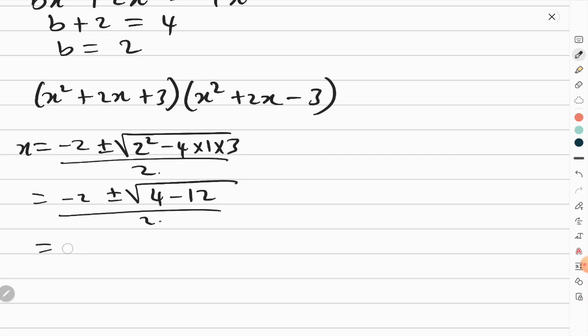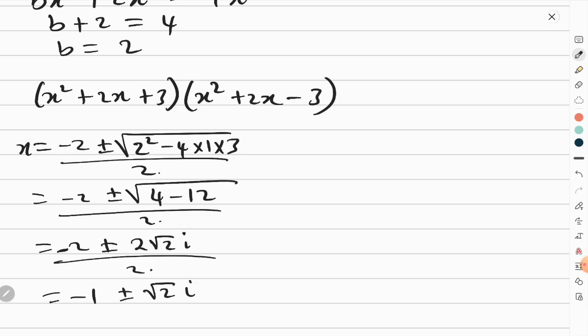Then 4 minus 12 is minus 8. The square root of minus 8 is basically 2 root 2i, divided by 2. So you have negative 1 plus or minus root 2i. So these are the solutions of this one.